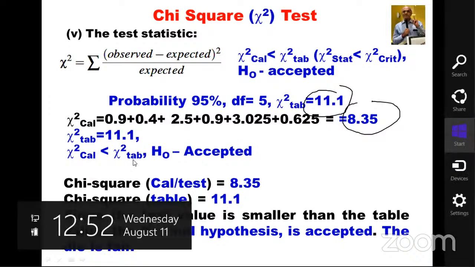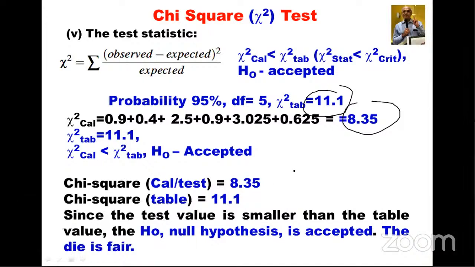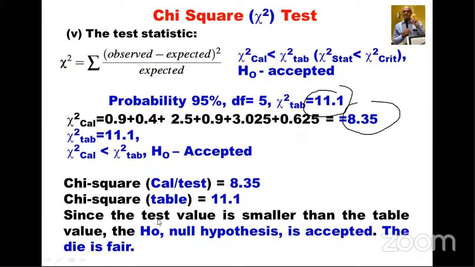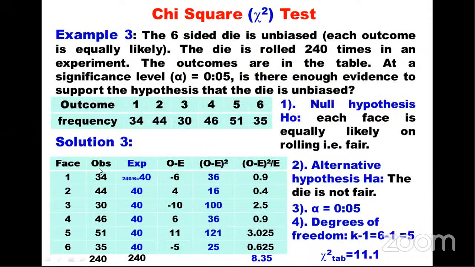So chi-square table is greater than chi-square calculation, means there is no significant difference in the data. So it is accepted. The die is fair. Actually, it should come 40 times each, but it depends on the number of observations. So that variation is in the limit of 0.05 that they say.